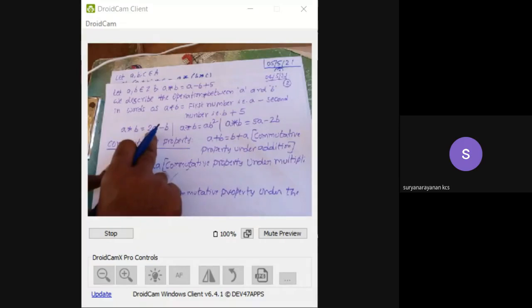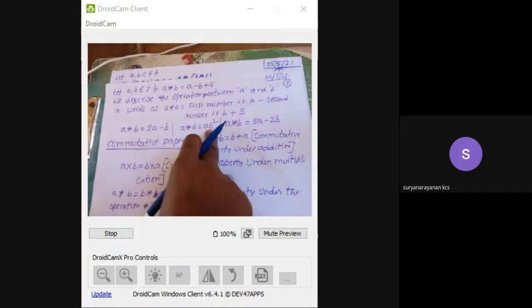Double the first number minus the second number. In this way, you have to decode this operation in your own words. Don't read the line directly as A minus B. So double the first number minus B. That is the star operation defined between A and B in this case.